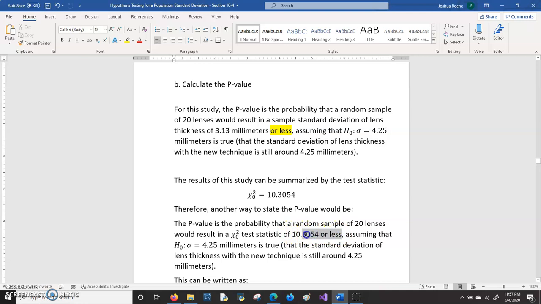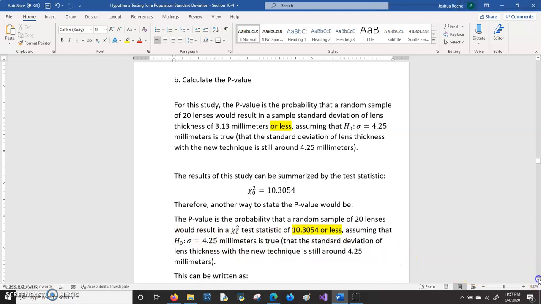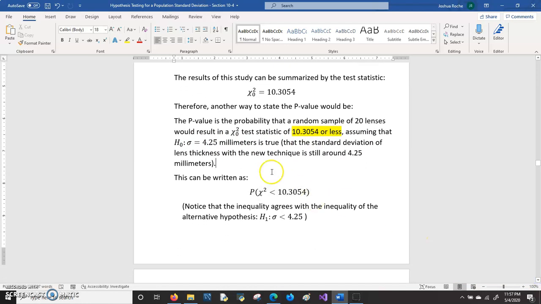There's that phrasing or less again, and that has to do with the alternative hypothesis. Since it's a left-tail test and it's less than, assuming that the null hypothesis is true. In symbols, we can write this as the probability that we have a chi-squared value of less than 10.3054. And again, notice that our inequality here agrees with the inequality of our alternative hypothesis.